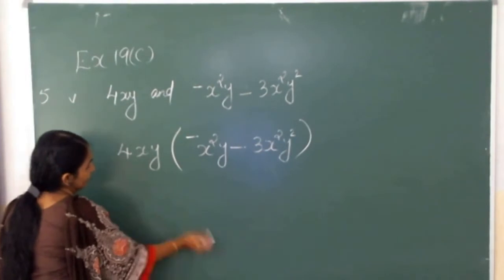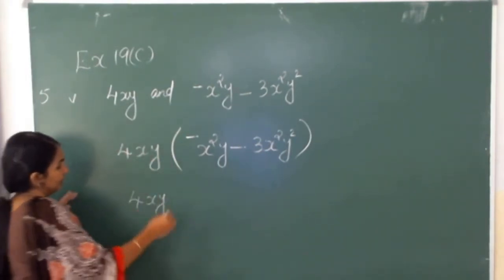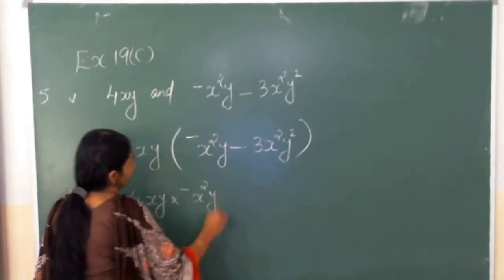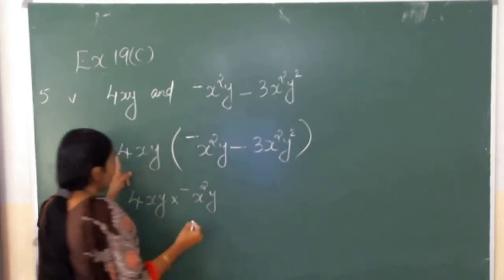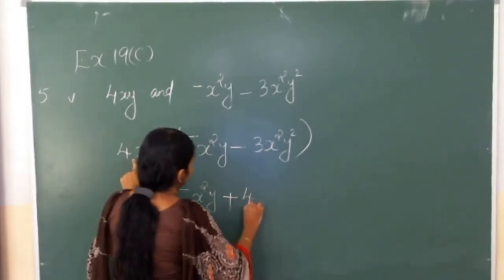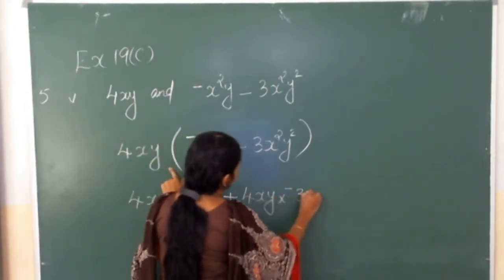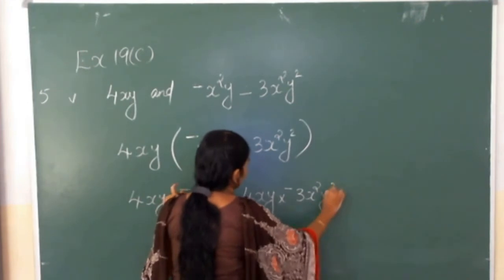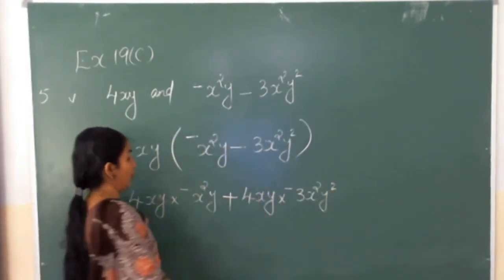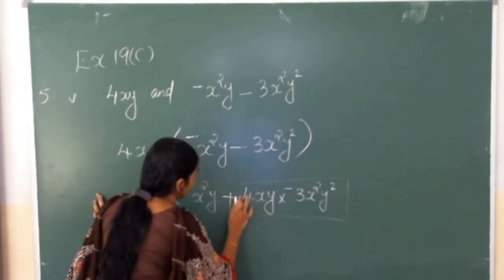We will do one thing, we will first write expanded form and then we will multiply it. Minus x square y. Then if you want here it is positive, so we wrote positive sign there. 4xy into negative 3x square y square.